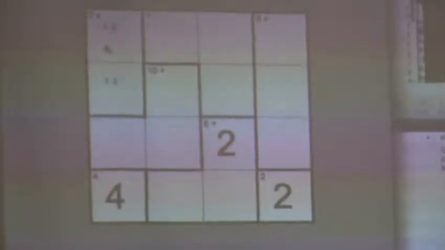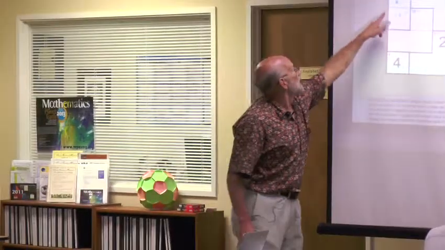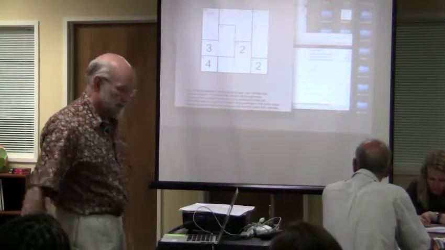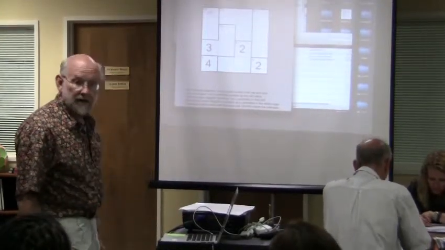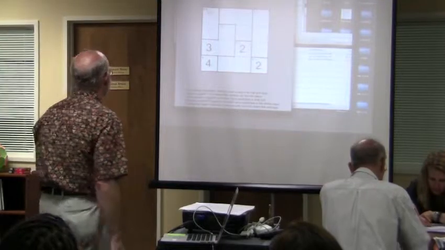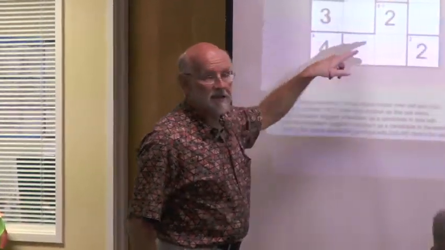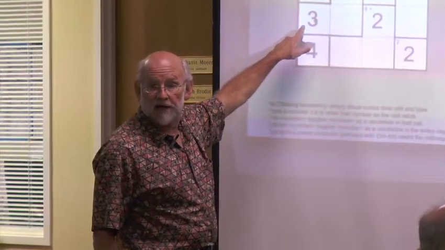And so since we've got a 1 and a 2 and a 4, this guy had better be a 3. So I can do what? Right, we've got the 3 actually breaks open this whole box, right?